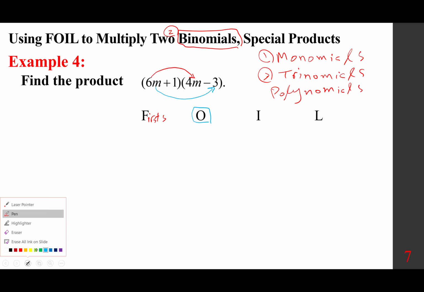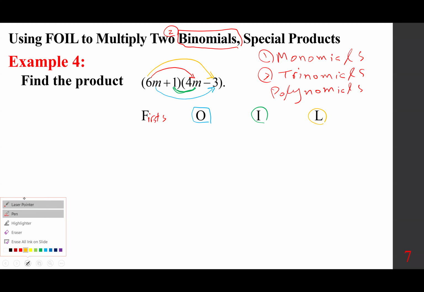E is for the inners, these two, 1 times 4m. L is for the lasts, these two.